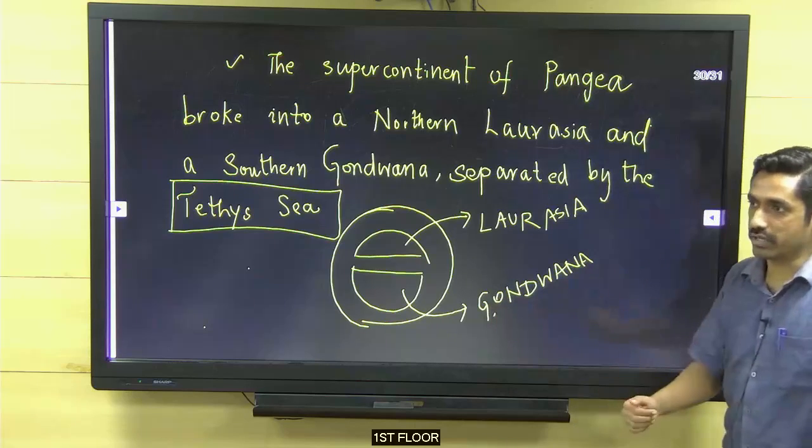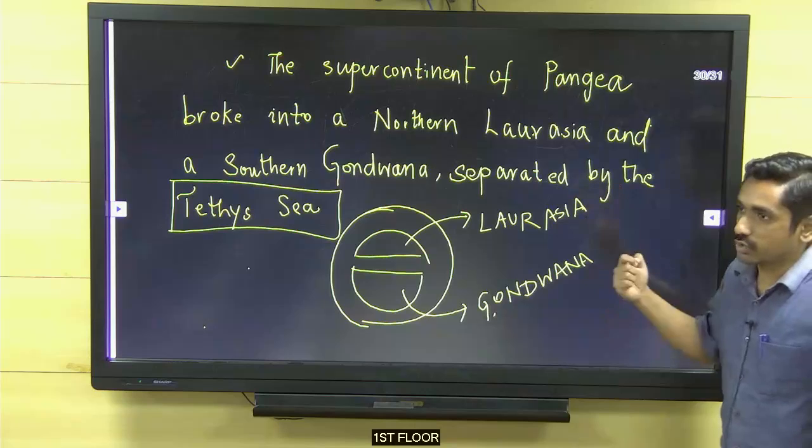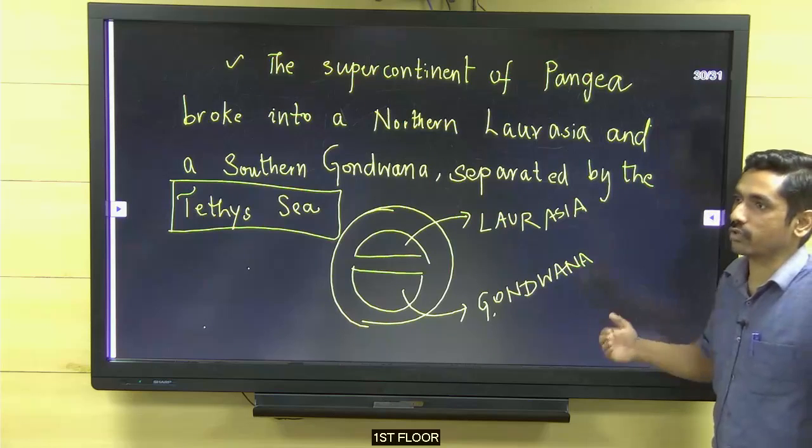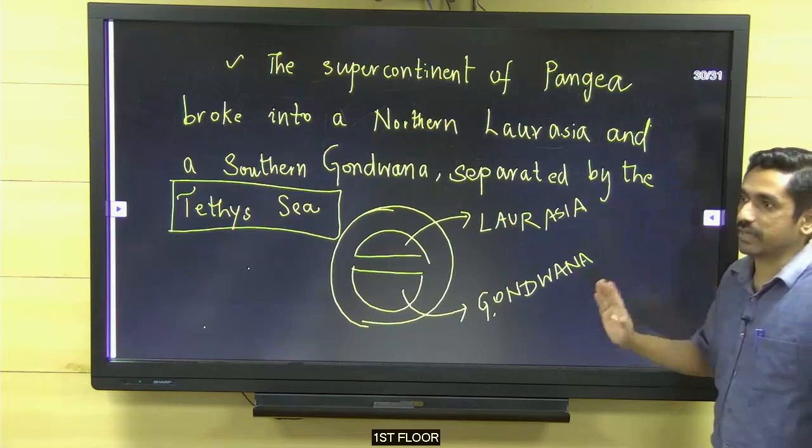Fine, so I'm going to write that on the board again. I'll read this, then I'll write it on the board. The supercontinent of Pangaea broke into a northern Laurasia and a southern Gondwana, separated by the Tethys Sea.